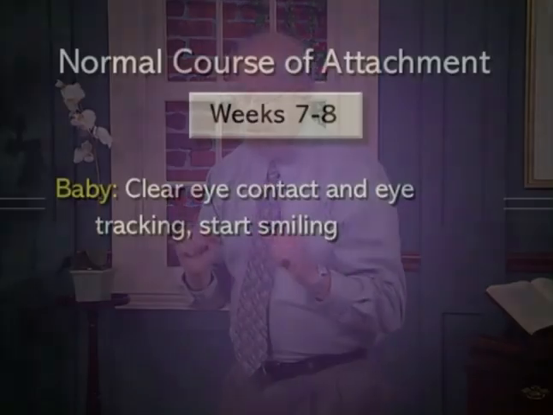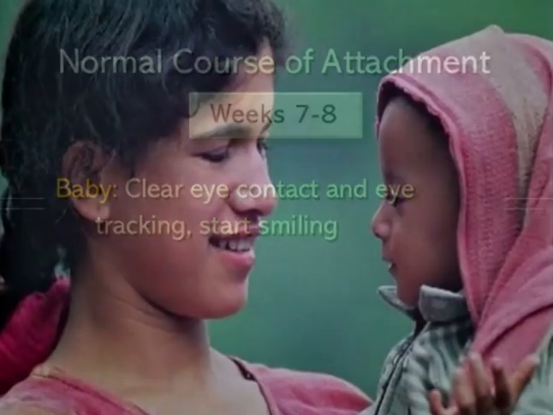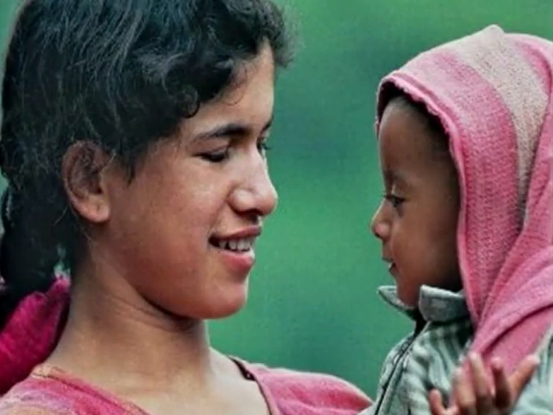They start sleeping for longer periods of time. But the important changes for our discussion today is they start making clear eye contact. They'll track the eyes of the mom or of somebody else, and they start smiling. So you smile at a baby now, and the baby looks at you and smiles back.